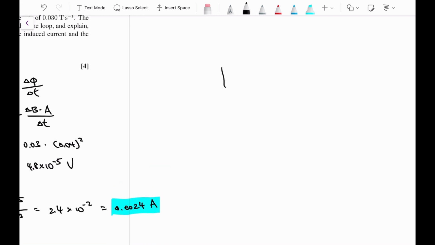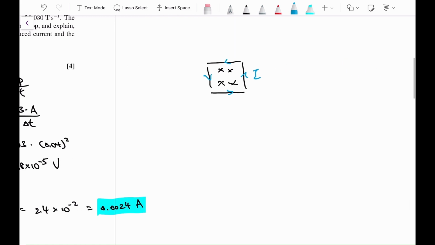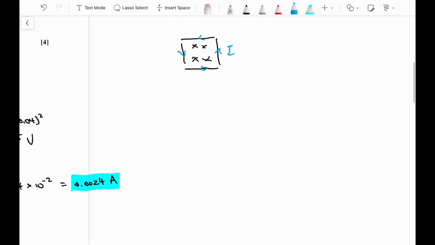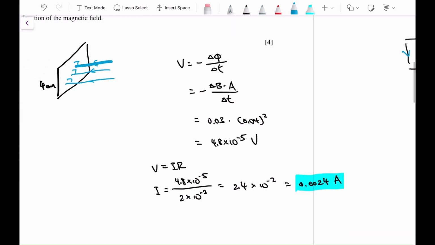This is the loop, and then the magnetic field is going into the loop, indicated as crosses, and then essentially utilizing the reverse of the right-hand rule, we would say that the induced current would be in the anti-clockwise direction. So the current induced will be in this direction. And then I'm not going to write a text. So that will be the answer to the second part of the question.